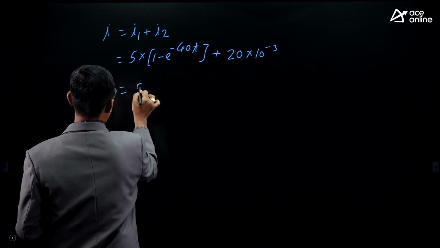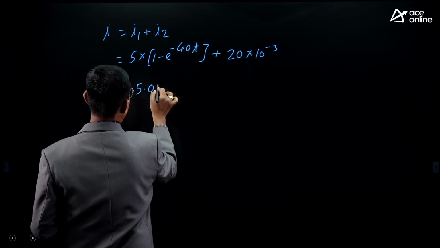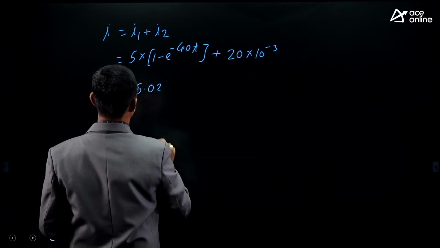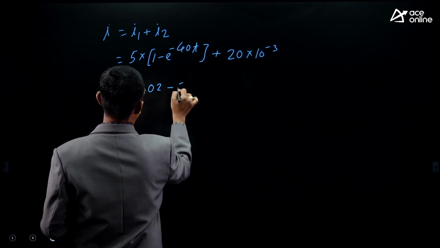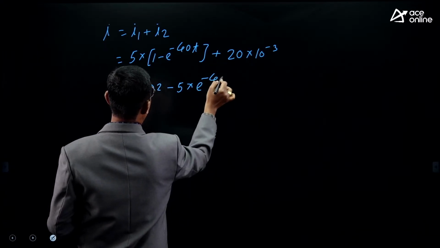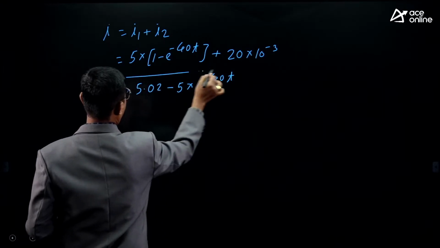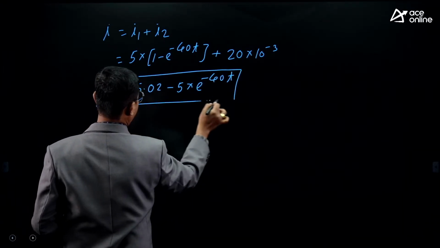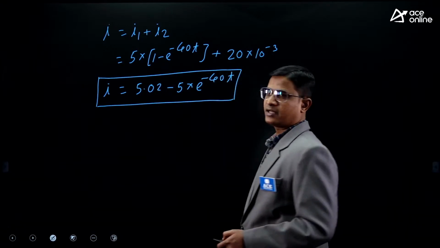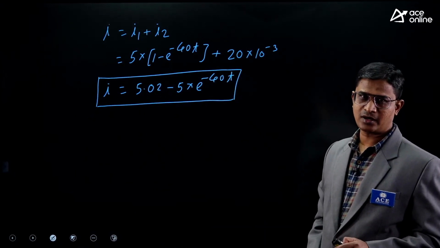So it is equal to 5.02, right, minus 5 into e to the power minus 40t. This is current I, right? This is the SCR current, all right.